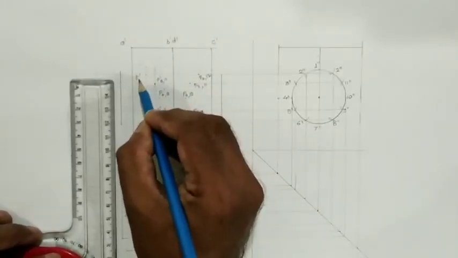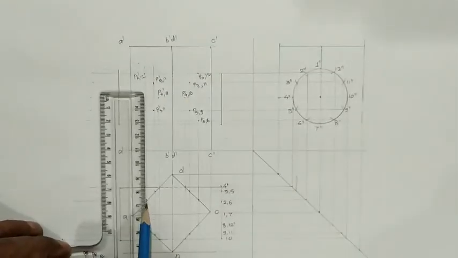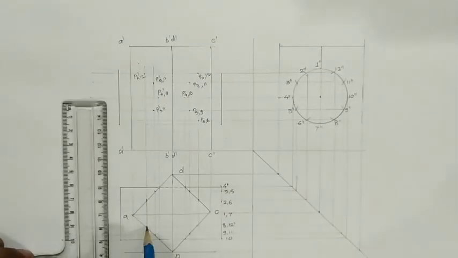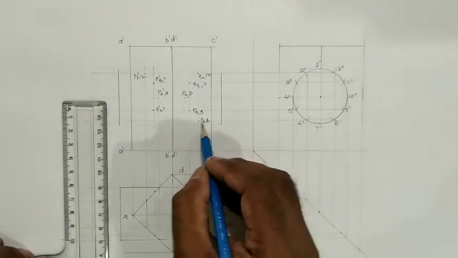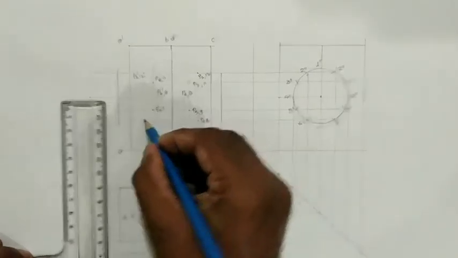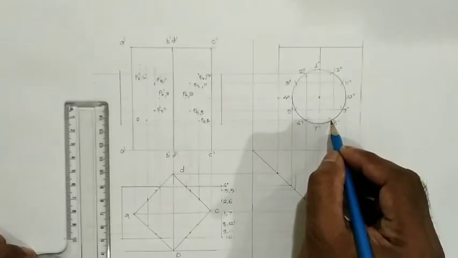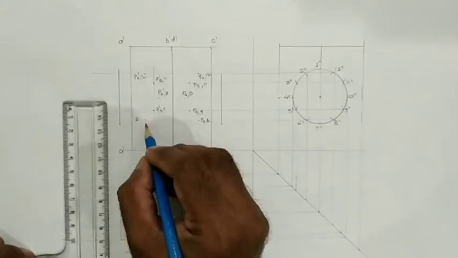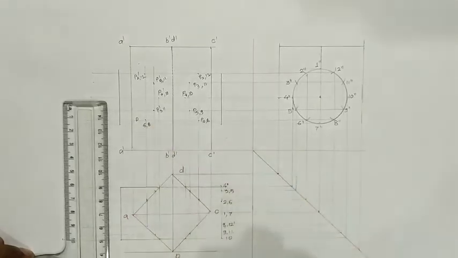This is P dash 2 comma 12. This is 8 and 12. This is P 8 and 6.